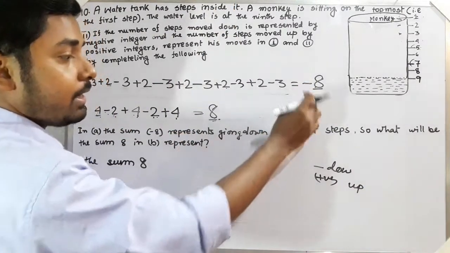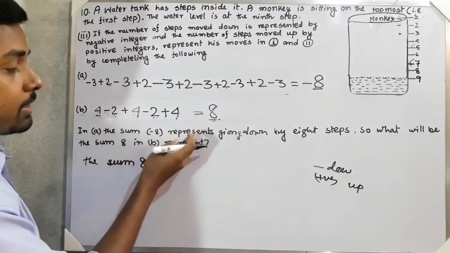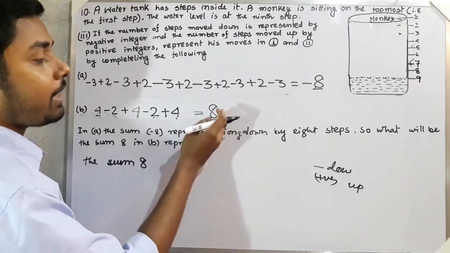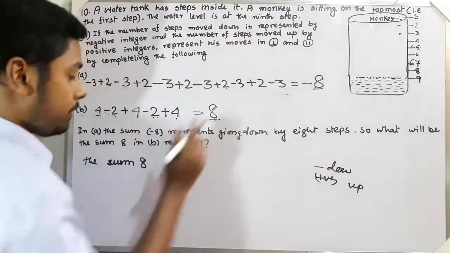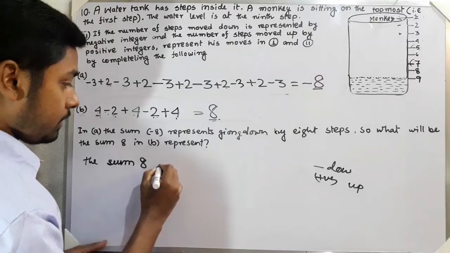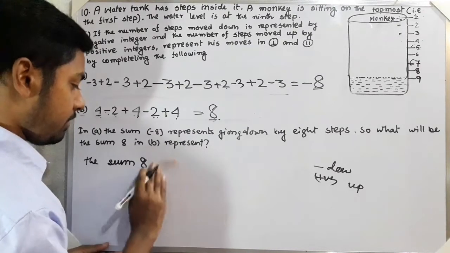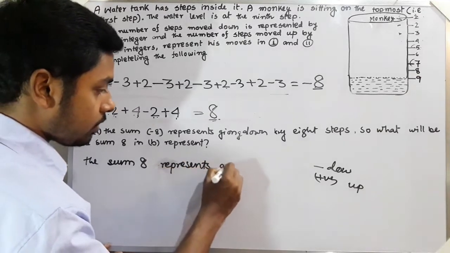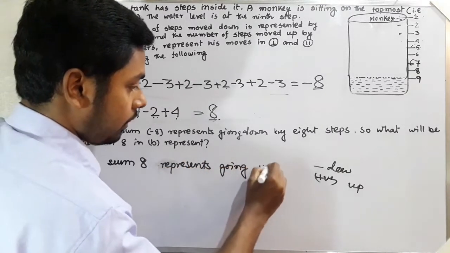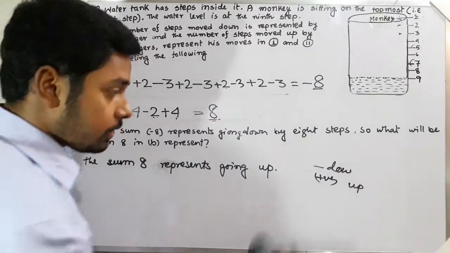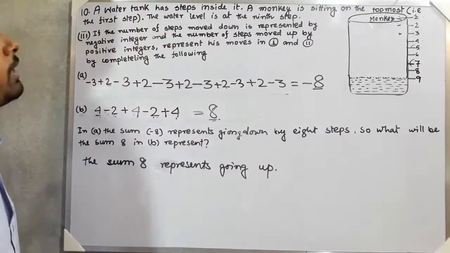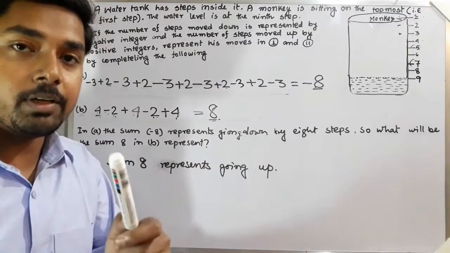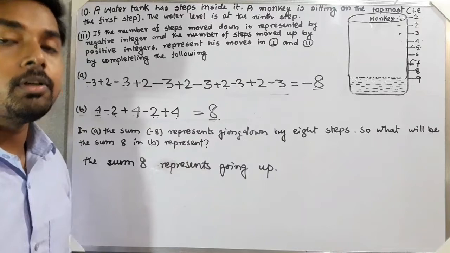If minus 8 represents going down, then plus 8 represents going up. The sum plus 8 represents going up. Okay, so these are the solutions of exercise 1.1, class 7 NCERT maths, first chapter. Okay, and thank you for watching my video.